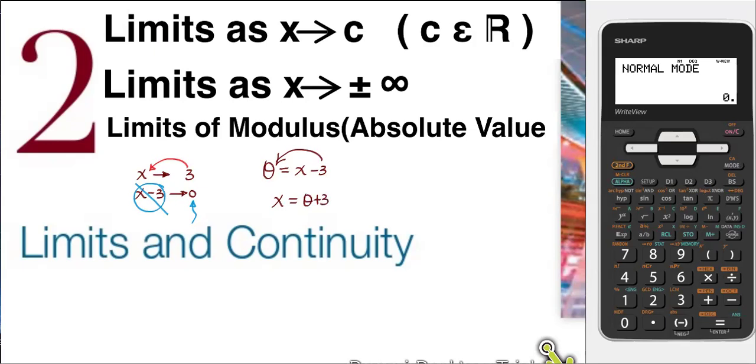So what am I saying? I'm saying, number 1, x minus 3 will be replaced by theta, but the x alone will be replaced by theta plus 3. Then we apply that rule for sine and cos, the ones that give us 1. Good. We happy, right?